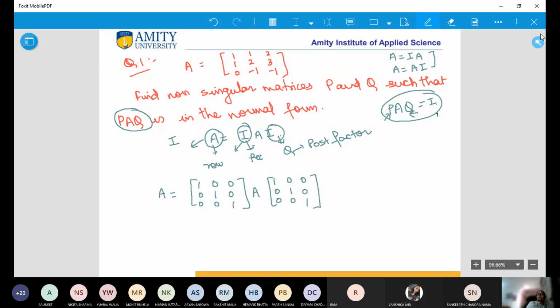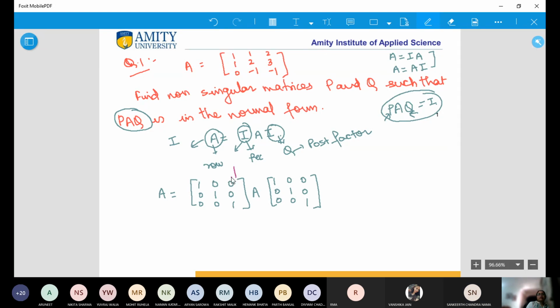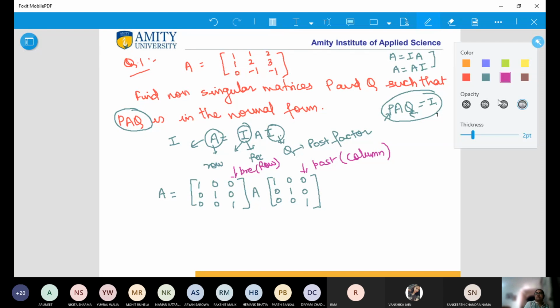This is pre-factor, and this is post-factor. Pre relates to row operations, post relates to column operations. Is it all right or not? Now let's try and solve it.